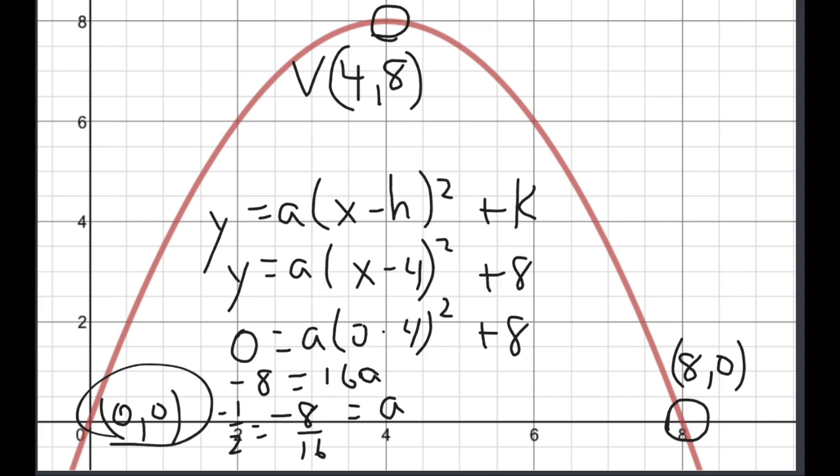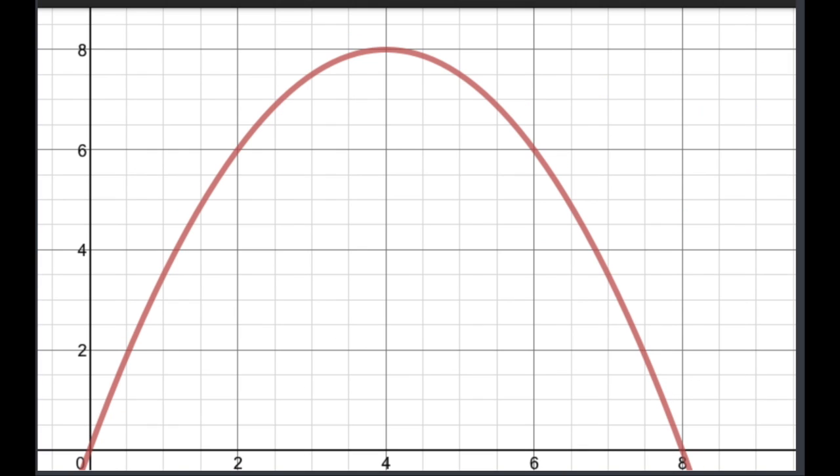So if I was rewriting this equation using what we just found, I would write y equals a, which is -1/2, times (x minus 4) squared plus 8. So I would notice my vertex is (4, 8). This seems to suit all the conditions.